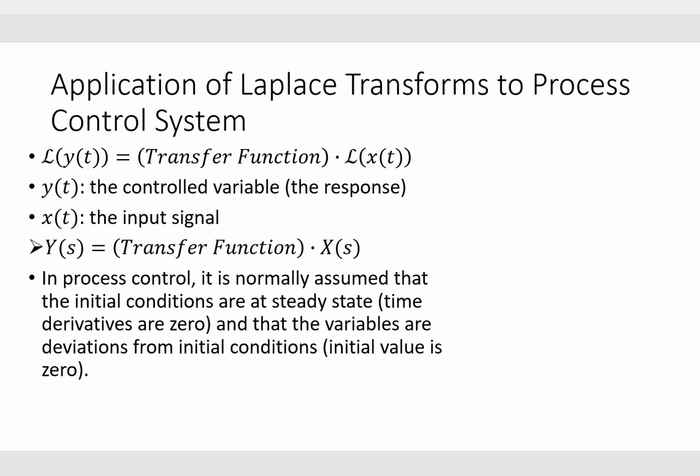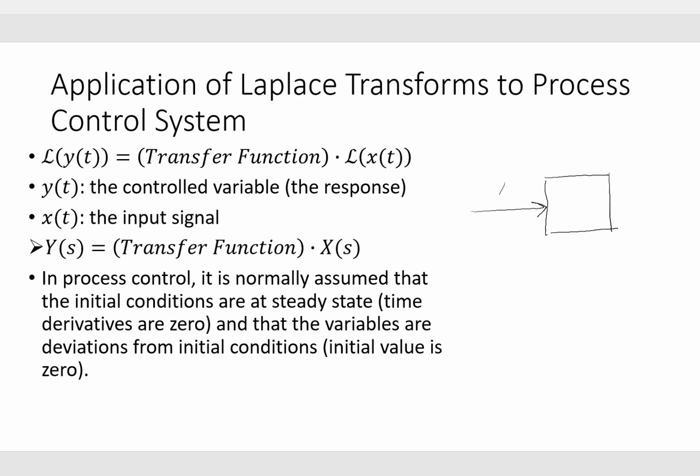So let's look at it and just draw a little sketch. As we just said, the transfer function can be defined as the ratio of output to input for any process. So let's draw a little block diagram. We often use block diagrams to represent what's going on in a process control scheme. So here we have the input to the process.